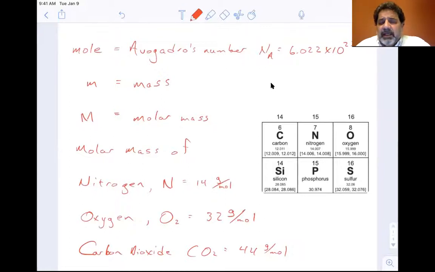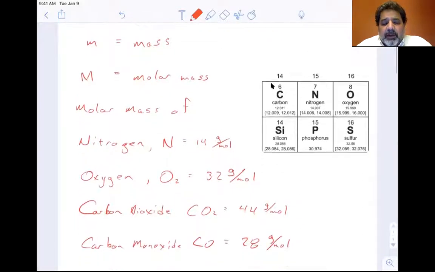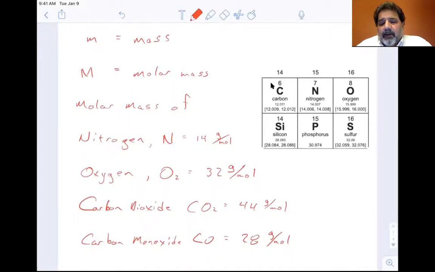Now, you would think that oxygen is 16 grams per mole, and it is if it's individual atoms of oxygen, but typically oxygen is O2. O2 would be two oxygens together, so a mole of oxygen molecules is actually 32 grams per mole.